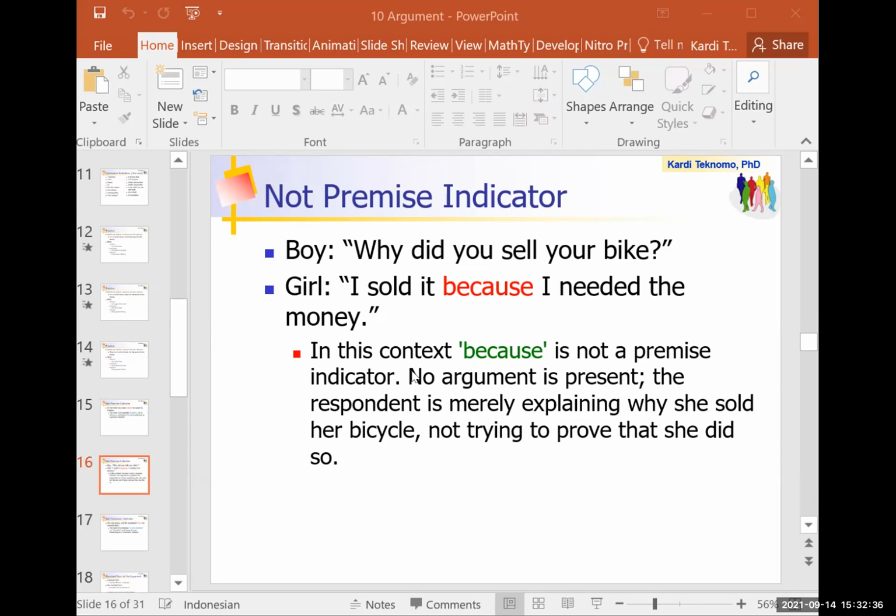Okay. So in this context, because is not a premise indicator. There is no argument here. The respondent here, the girl, is merely explaining why she sold her bike. She is not trying to prove that she did so. Okay, look at the intention. So this is not an argument.